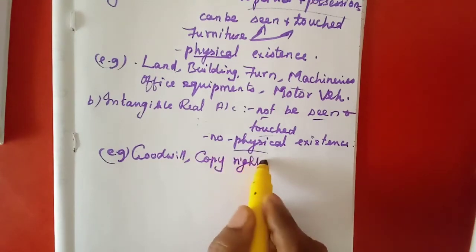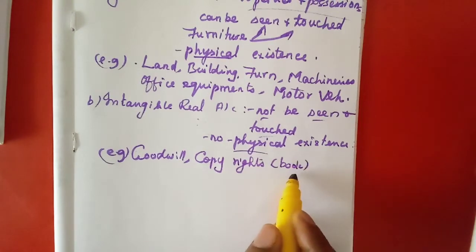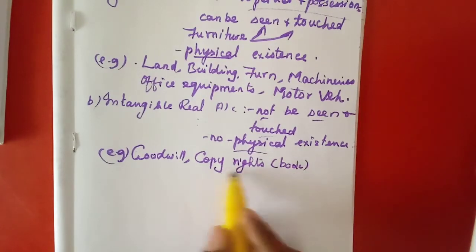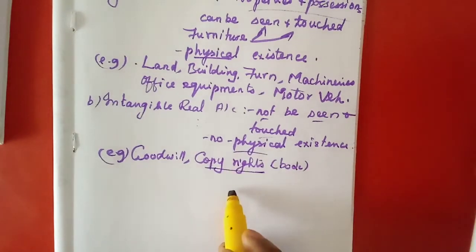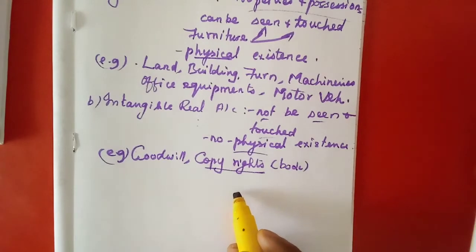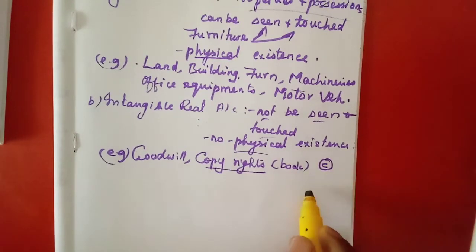If you write a book, to take copies of that book, you have a copyright. In any book you can see on the front page a copyright symbol, a C in a circle. That is reserved for some people, maybe the author or the publisher, who have the right to copy that book.